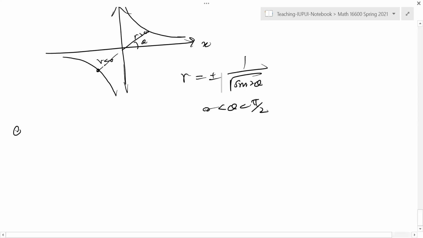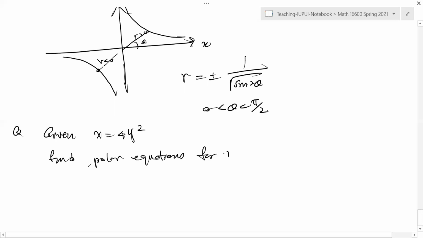Okay. So now my next problem is given x equals 4 y squared, I'm going to find the polar equations for the curve.